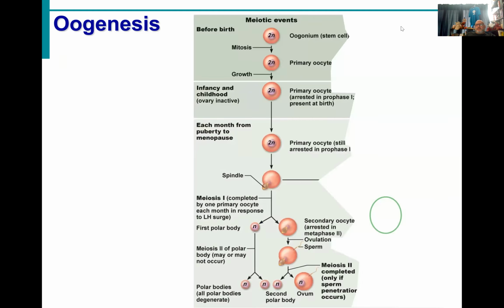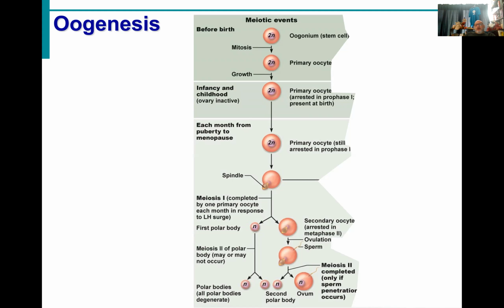All right. Questions on this? If first polar body is not useful, what's the point of division? The point of the division is we still need to have the chromosomes.